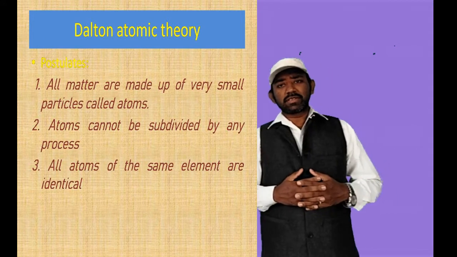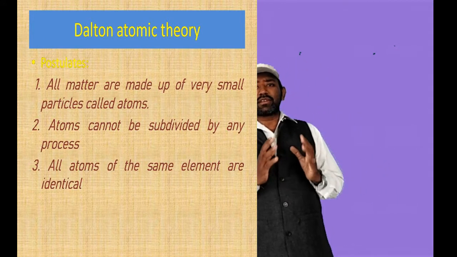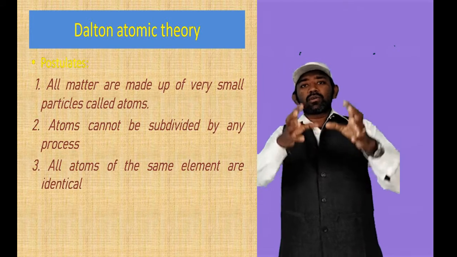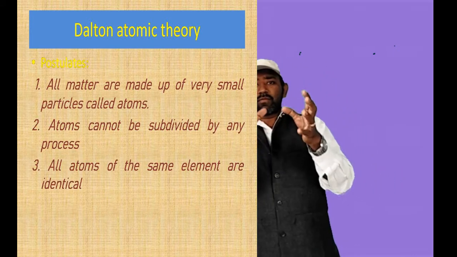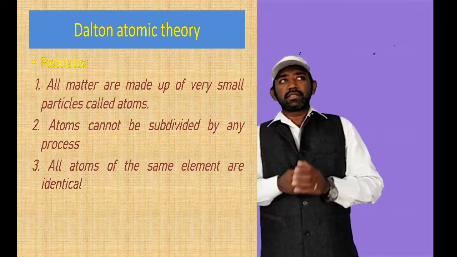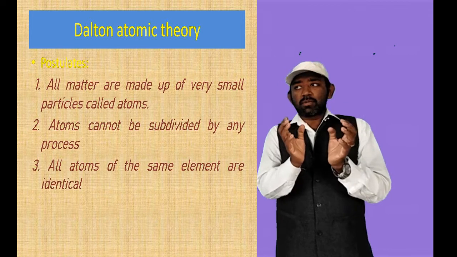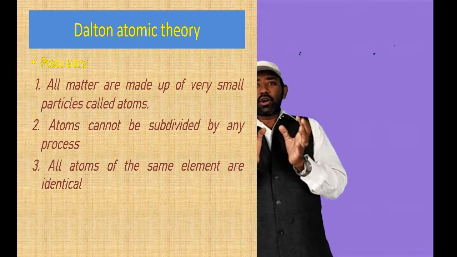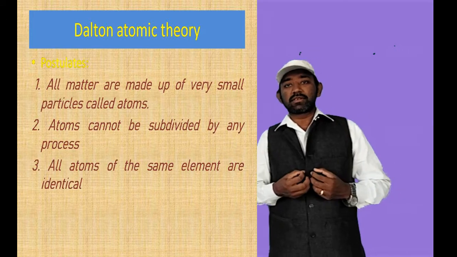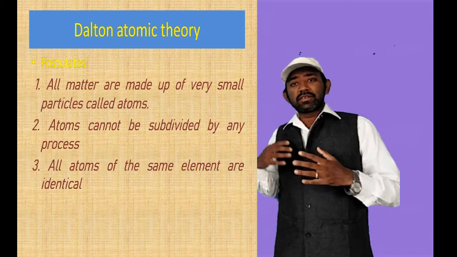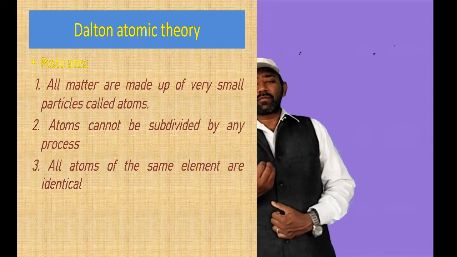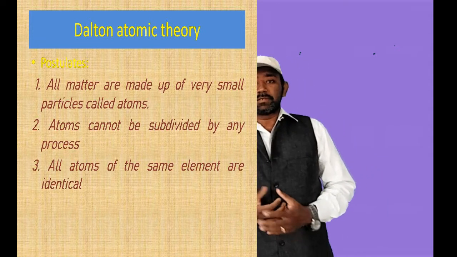First, we know that all matter is made up of extremely small particles called atoms. These atoms are so small that we cannot subdivide them further by any physical or chemical process. That is the first postulate given by John Dalton. All the atoms of the same element are identical.